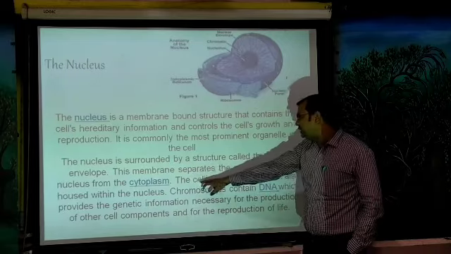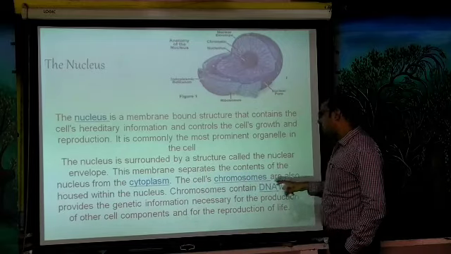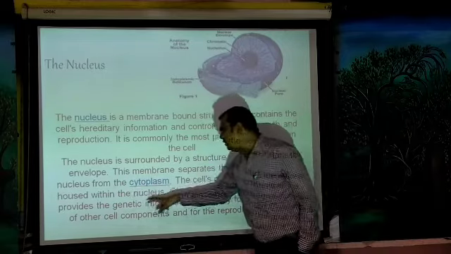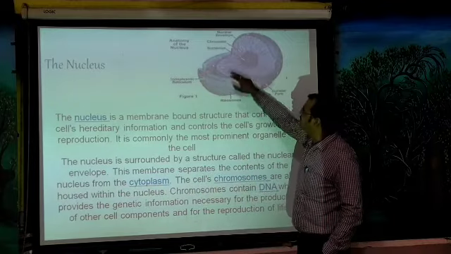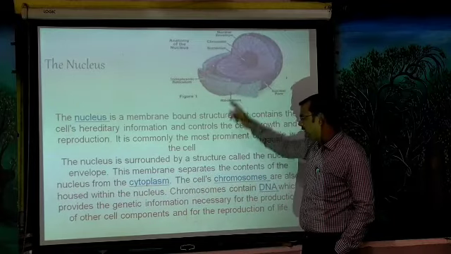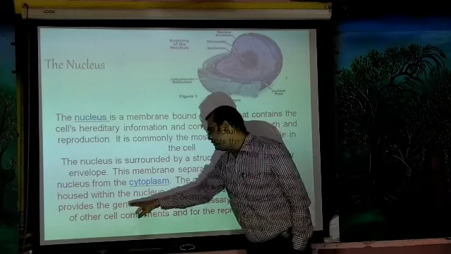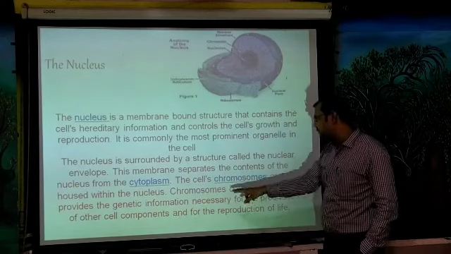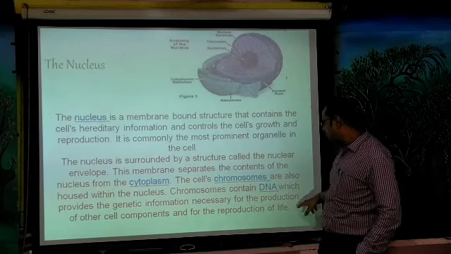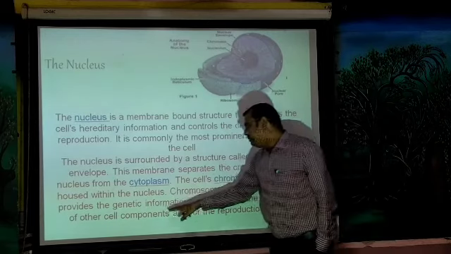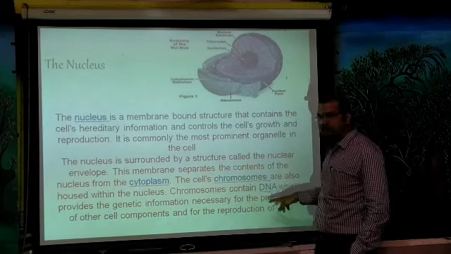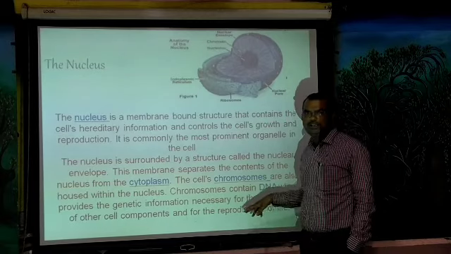The cell's chromosomes are housed within the nucleus. The chromosomes contain DNA, which provides the genetic information necessary for the production of other cell components and for the reproduction of life.